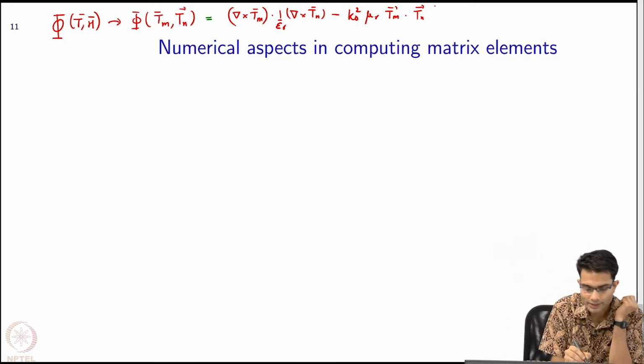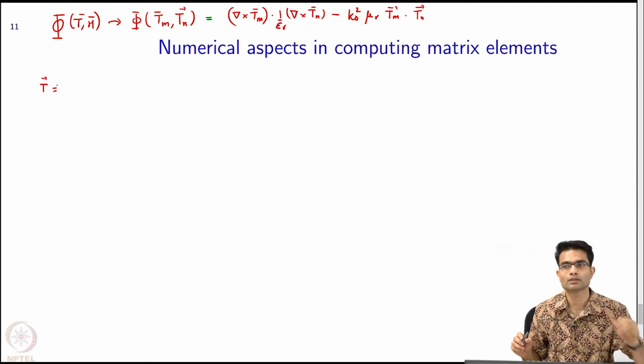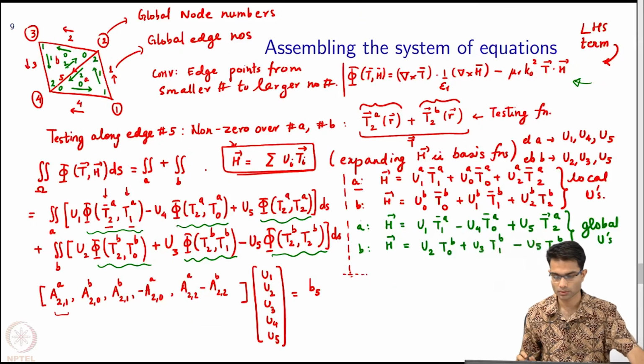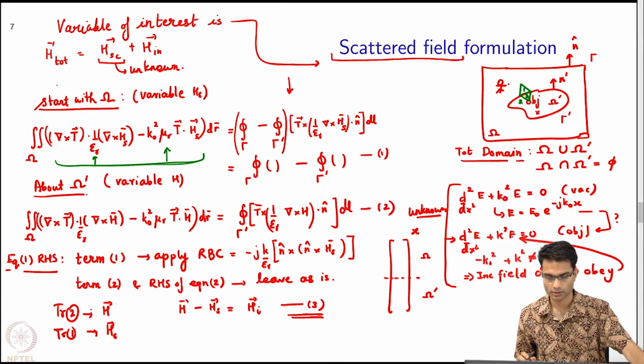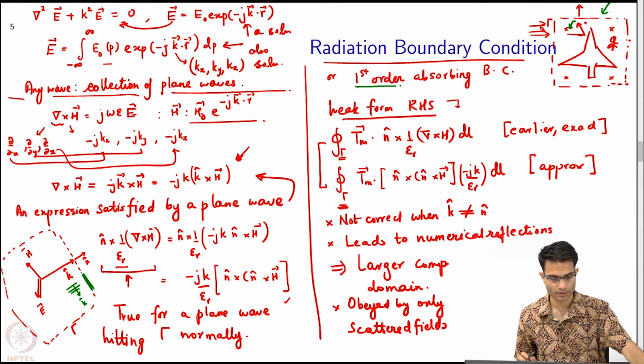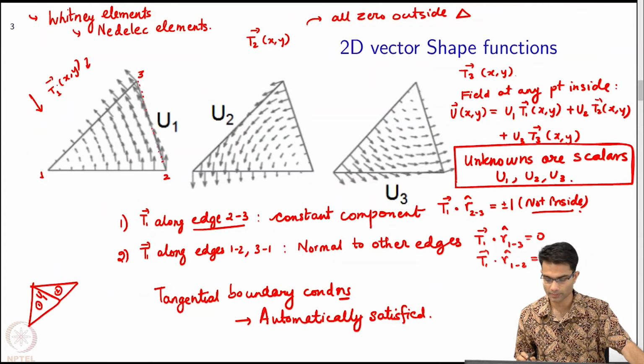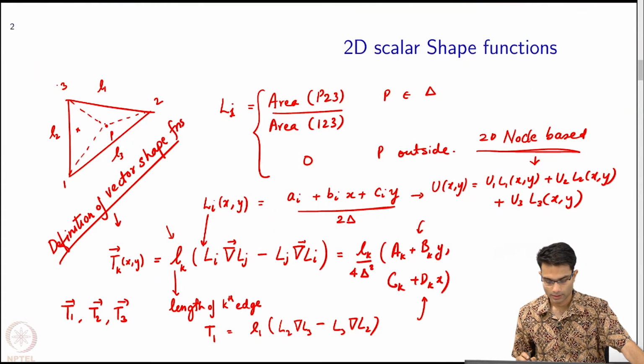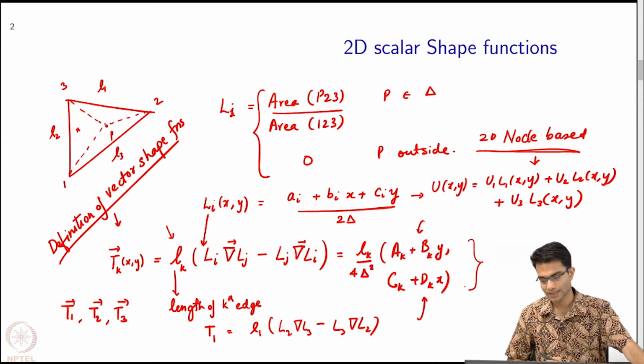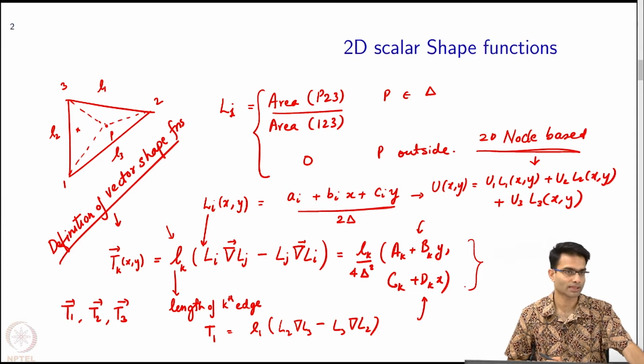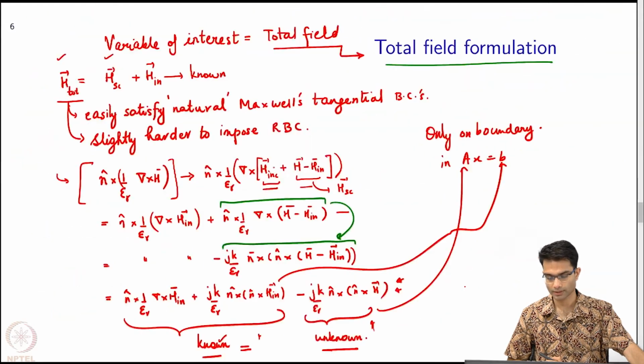Now, T itself, if you remember, what was the form that we had for T? Let us go back to the basis functions quite a while back. Here you go, this is the form that we have. You can see that they are linear in x and y. So, let us go all the way back and put them down.